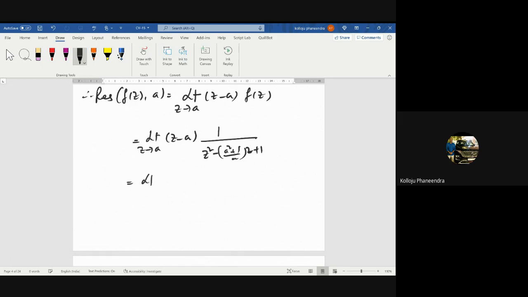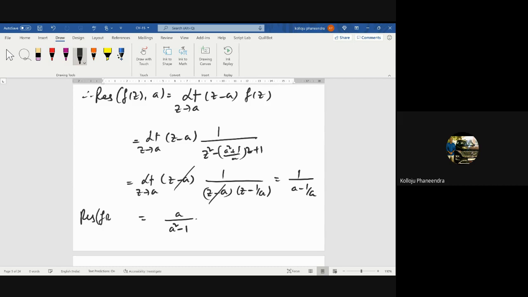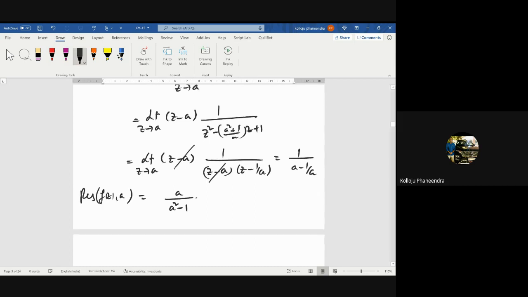I can factorize this because I know the roots. What are the roots? One is a, another one is 1 by a. Now this 2 gets cancelled, and when I substitute the value, this is a minus 1 by a. So this is a by a square minus 1. The residue of f of z at a is this.